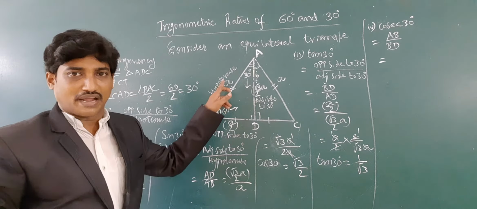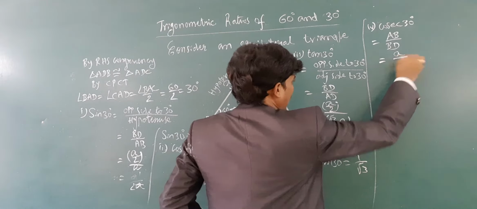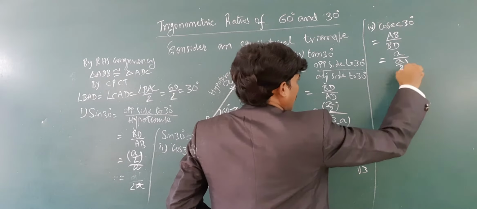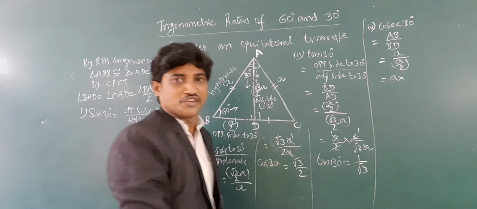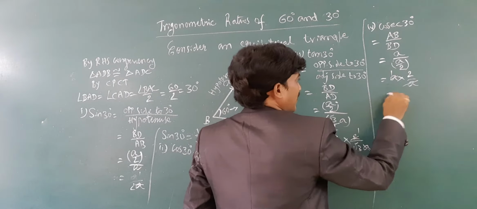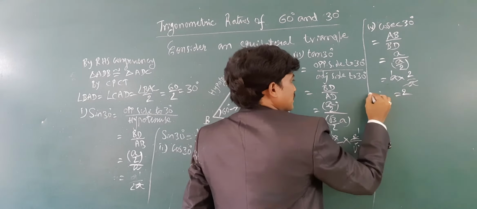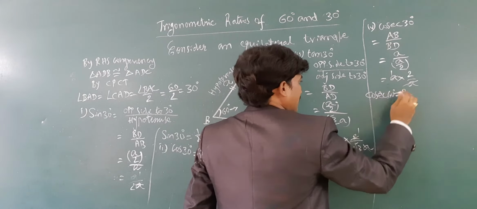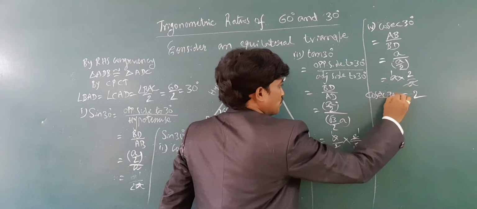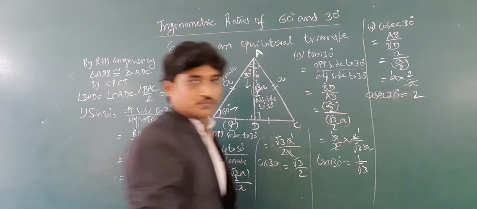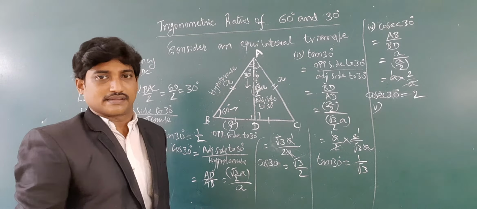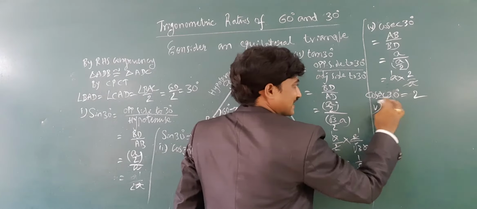AB length we have A units by BD length is A by 2 units. A by 2 reciprocal is 2 by A. A in A gets cancelled one time, so 1 into 2, 2. So cosecant 30 degree value is 2. Next one, fifth one, secant 30 degree.